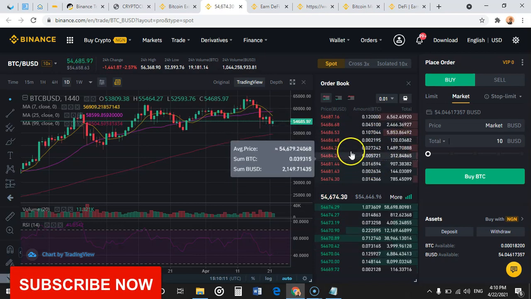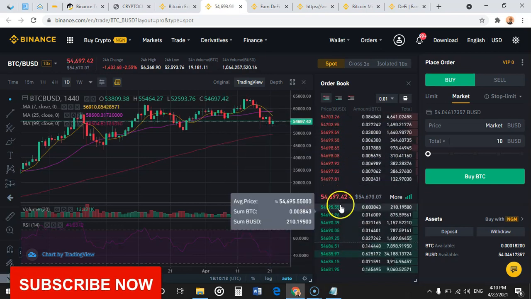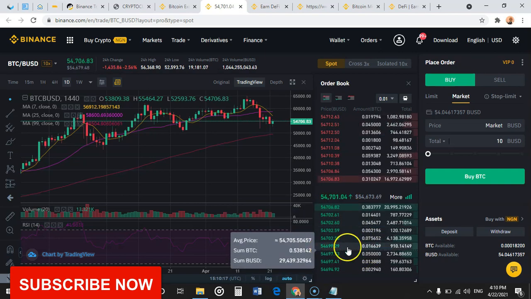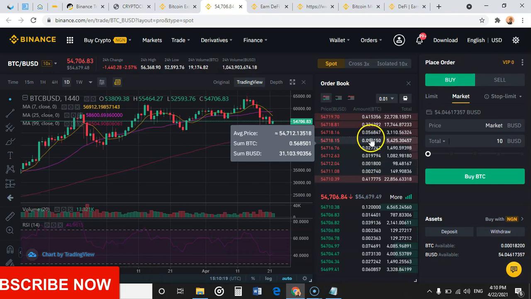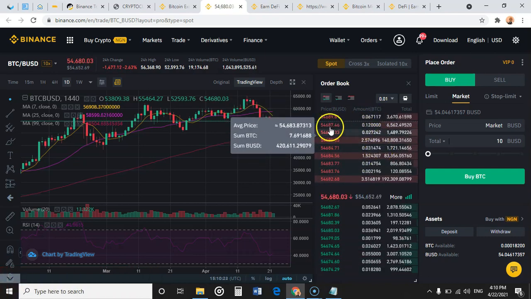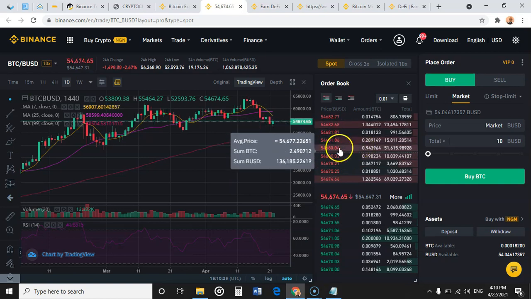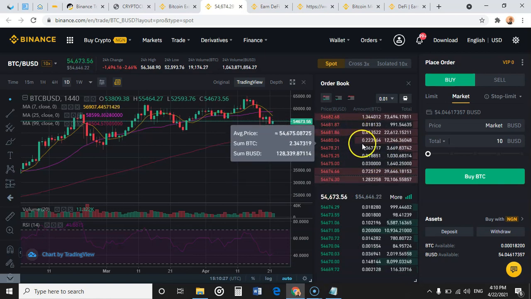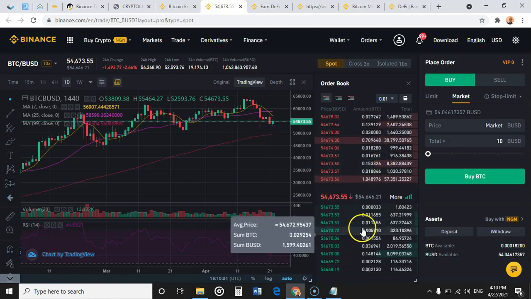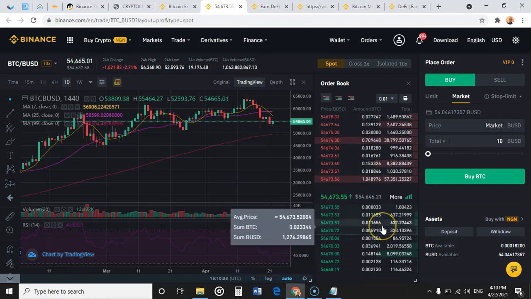This is for sellers, and this is for buyers. Someone is trying to buy 0.027 Bitcoin at this price. Another person is trying to sell 1.93, 2.63 Bitcoin at different prices. Once you set a sell order, your sell order goes here. Once you set a buy order, your buy order reflects here.